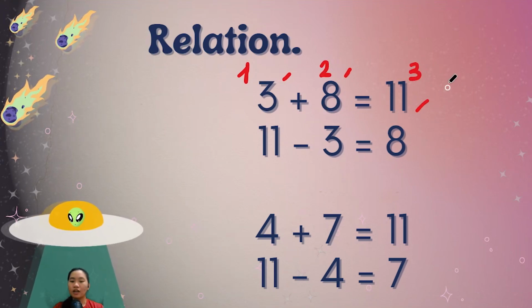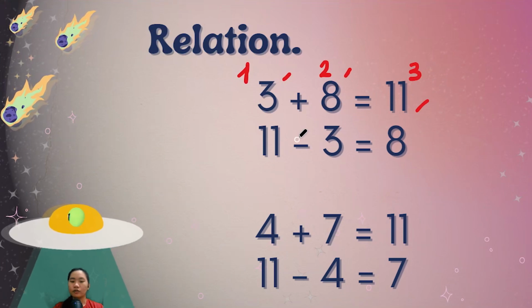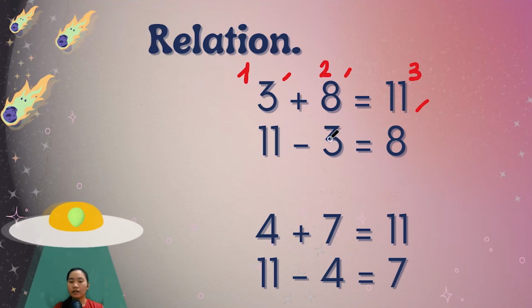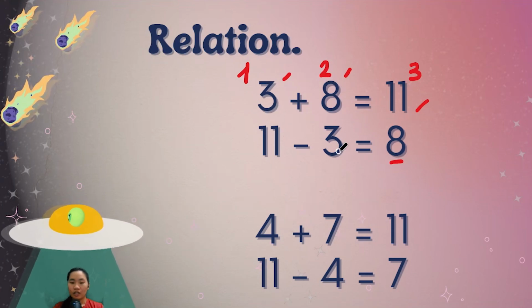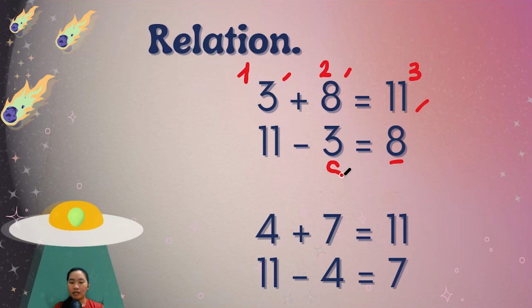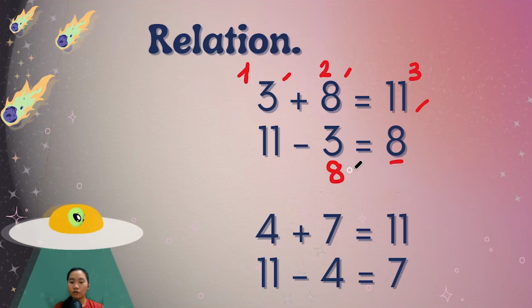Now, if you take the sum and subtract one of the addends, you get the other addend. 11 minus 3, sum minus the first addend, will result in the second addend. Now, if you replace 3 with 8, you would get 3.